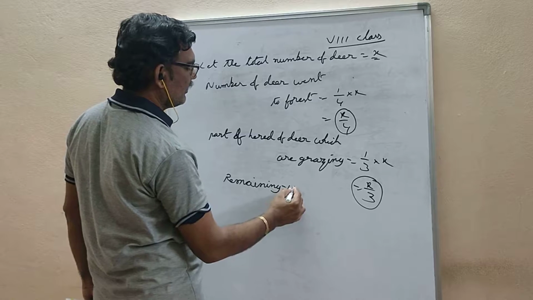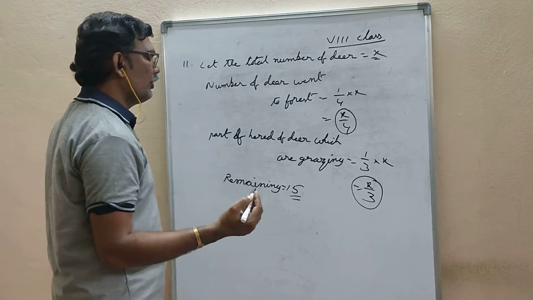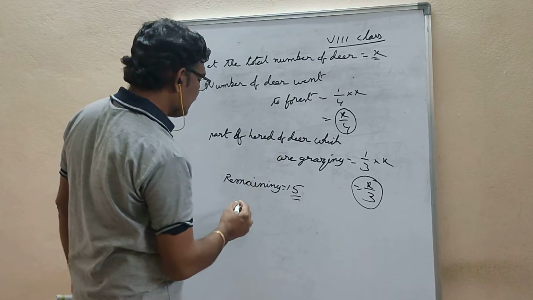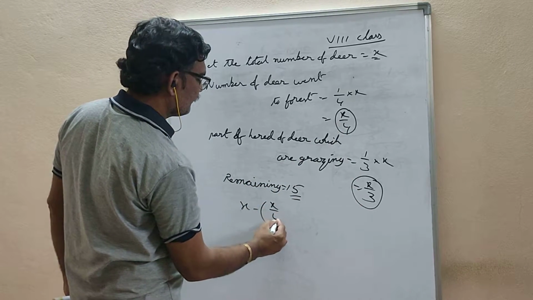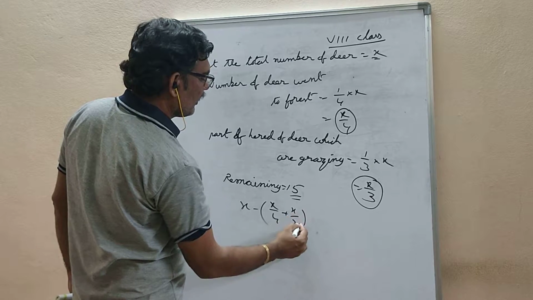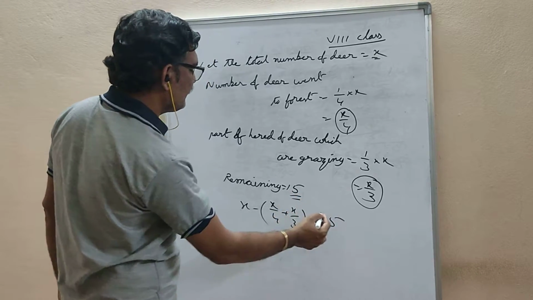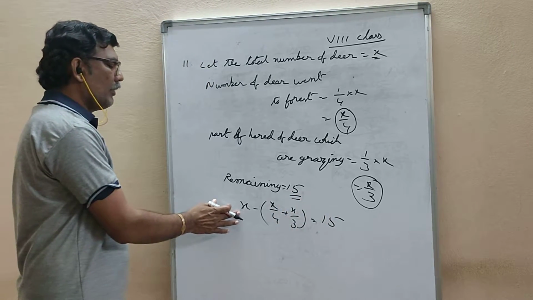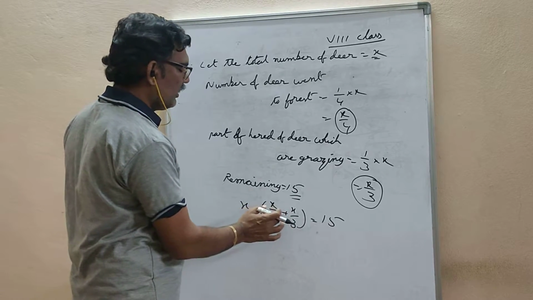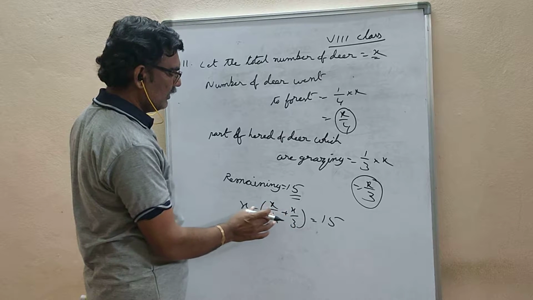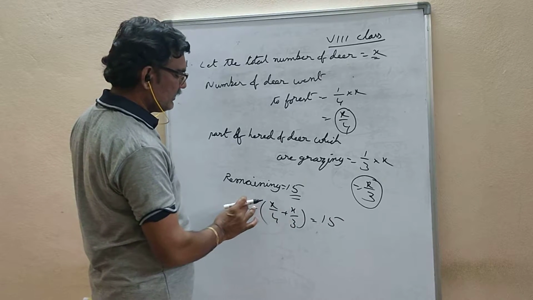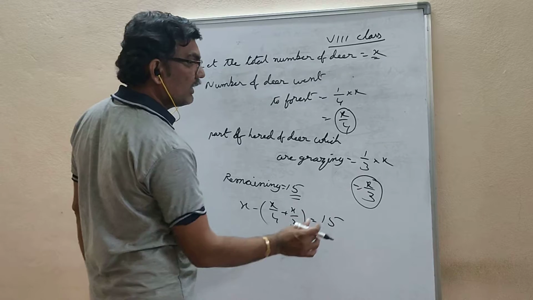Now what you should do is, from this X, subtract the sum of these two, and the answer you have to get is 15. Because of the total number of deer, these two are the number of deer that went to the forest and grazing. So for the remaining, from this you have to subtract this one. You will get this one.